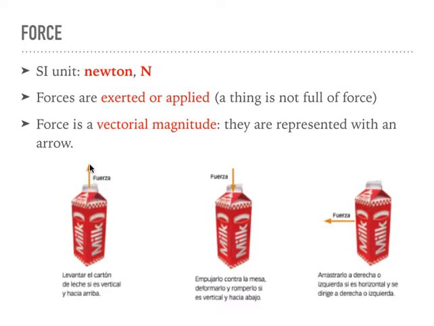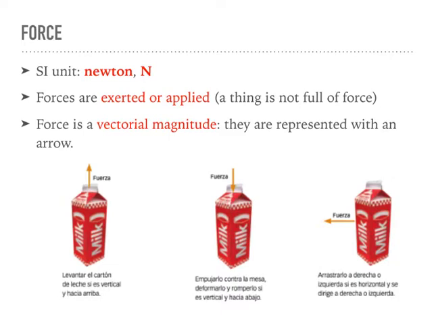In this case, it's upwards. And if you push it against the table, then you're going to put the arrow going down. Or if you move it, you're going to draw the arrow in the direction that the force is applied. In this case, it's leftwards, it can be the other way around.